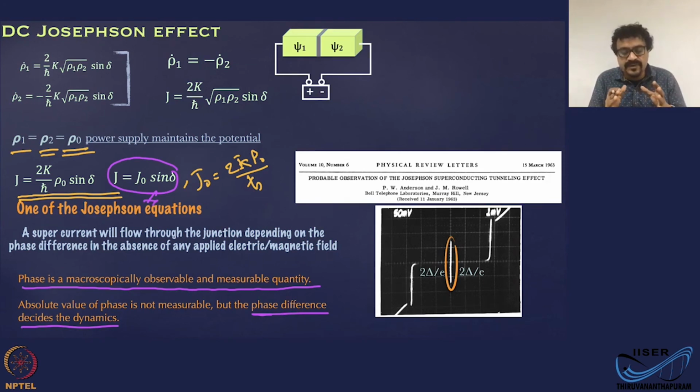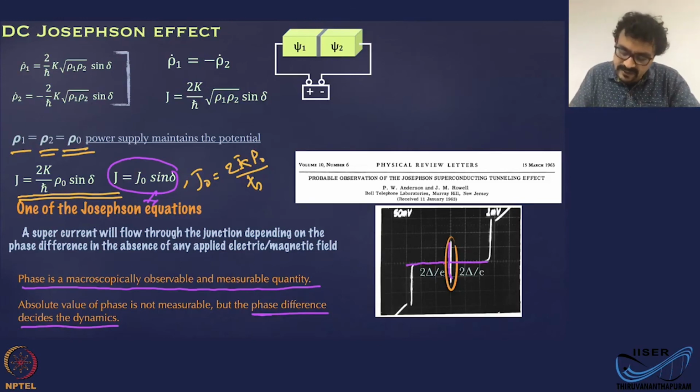So even though you have no voltage, just because the phase of the Cooper pair condensate on either side is different, you can have a current flowing through at 0 bias. And that was measured very early, in 1963, in this paper. What you can see here is at the center a peak in the current, and then no current because this is the gap.